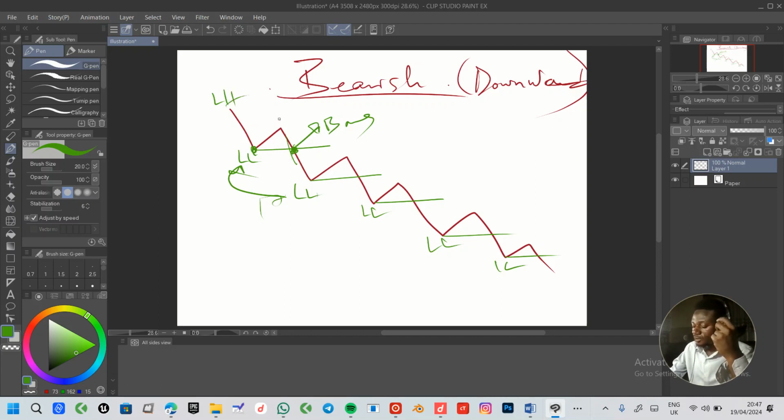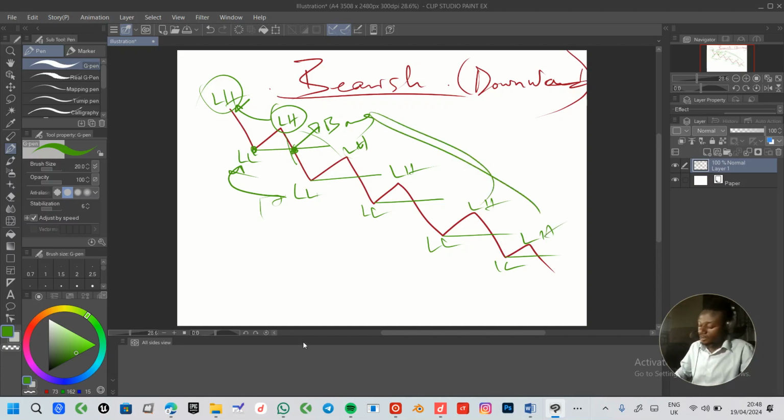This lower high is lower than this lower high. Likewise, this one. To the downside, lower high, lower high, lower high. That's the basic concept of the bearish market structure.